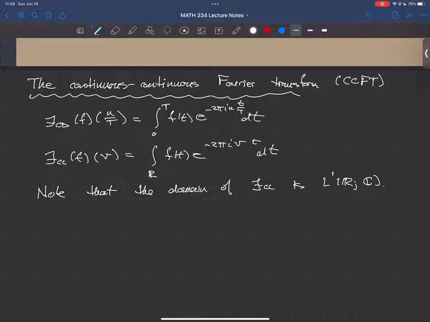All right, so we're not going to worry right now about what the codomain is. So in other words, as a function of nu, what property does the CCFT have? We'll see that again, it's rather analogous to what we saw with the CDFT. But instead, to start out, let's just maybe look at a couple examples of CCFTs.